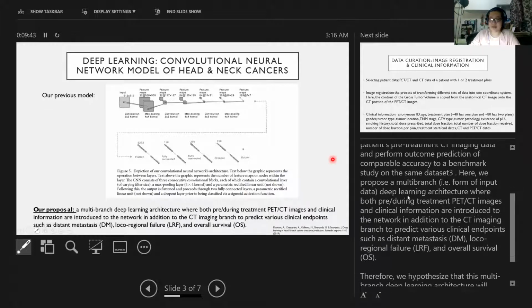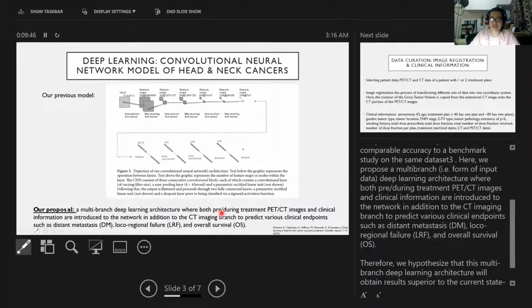Here, the uniqueness of our proposal is that we propose a multi-branch deep learning architecture where both pre or during treatment PET-CT images and clinical information are introduced to the neural network in addition to the CT imaging branch to predict various clinical endpoints.